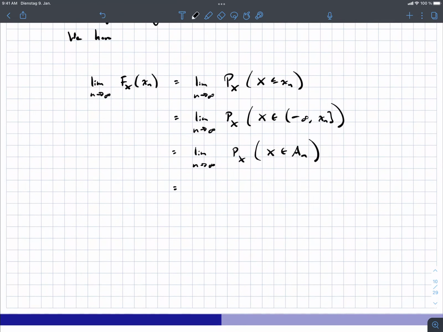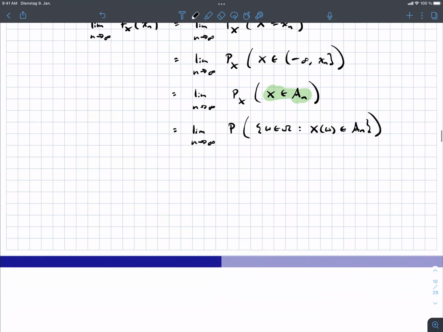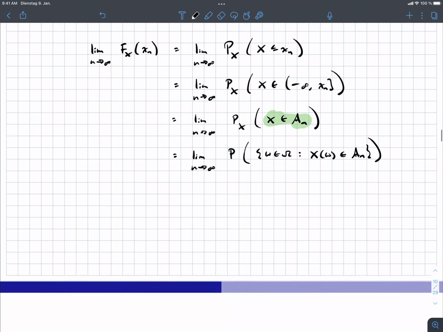And from here, if I write x in An, I can bring it back to my original probability function if I want by saying this is the set of outcomes in omega such that x of omega is in An.